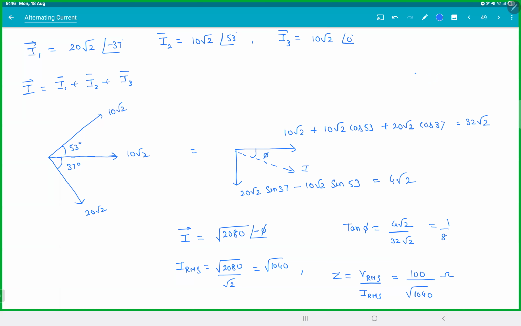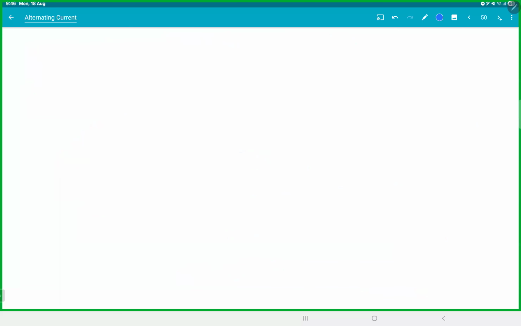Chalo, let's start off. Now let's see the regular stuff. In our portion, technically mains and all, we have only the RLC series circuit.